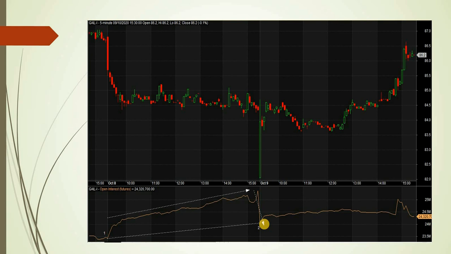Now what I'm interested in is the OI of the previous day, which I get on the very first tick in the morning, marked as 1 here, and the OI of the current day, which I get on the very first tick in the morning, marked as 2. If the difference of 2 and 1 is a positive number, then I consider it an OI buildup which is carried forward.